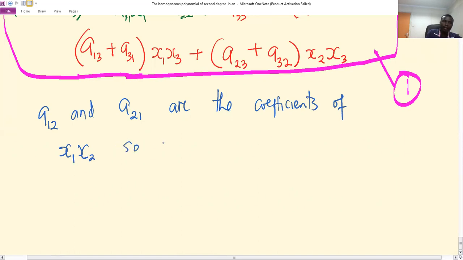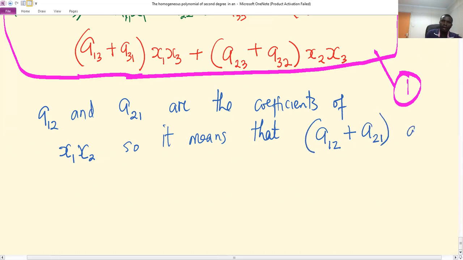So it means that a12 plus a21 are coefficients of this x1 x2.